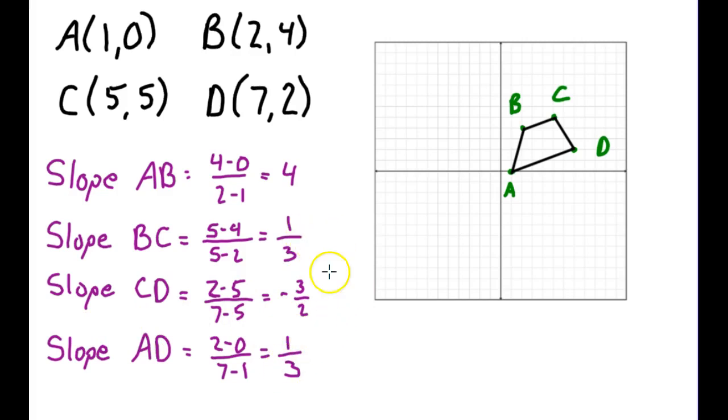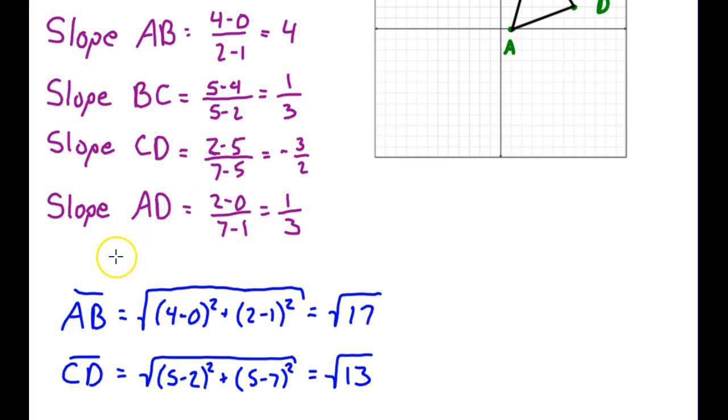Looking, we have 2 opposite sides that have the same slope, implying that they are parallel, and the other 2 sides have different slopes, so they are not parallel to each other. So this shows that we have a trapezoid. Now we have to use the distance formula to determine if this is isosceles.